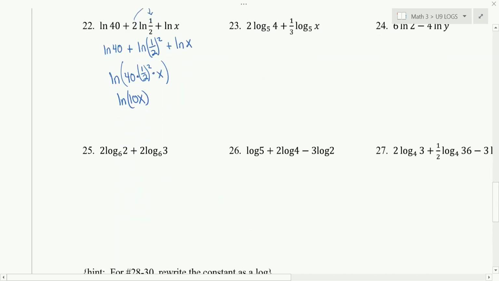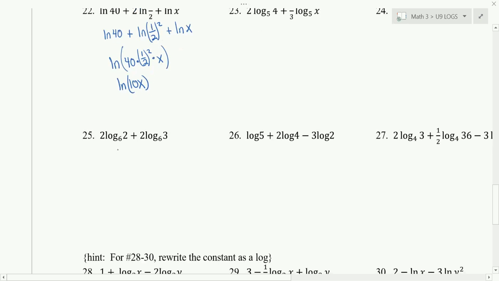Number 25, power property. I'm going to square the 2 and the 3.